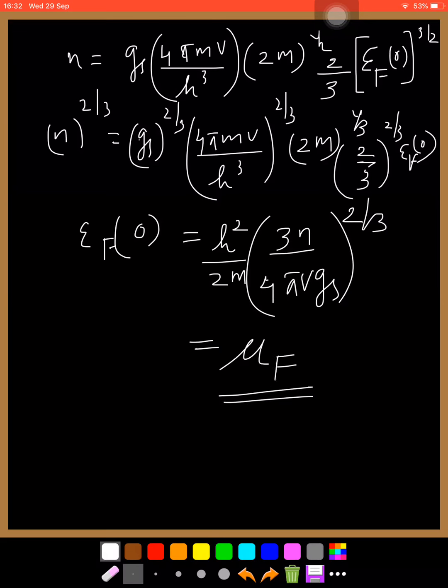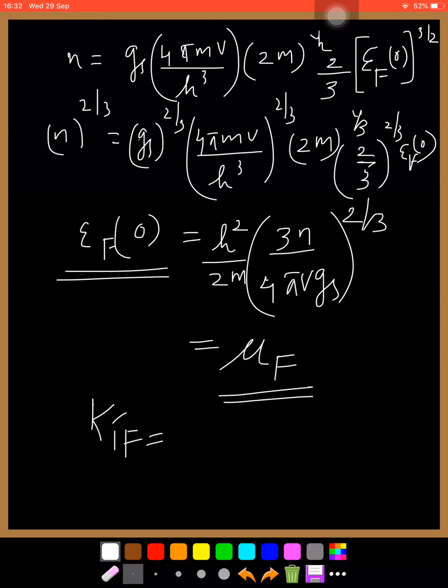The chemical potential at absolute zero is the Fermi energy. And we can also define a temperature equivalent for Fermi energy, that is TF.